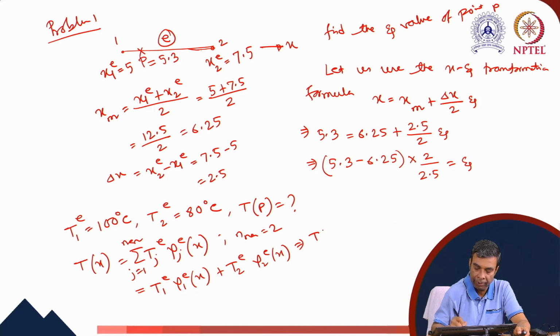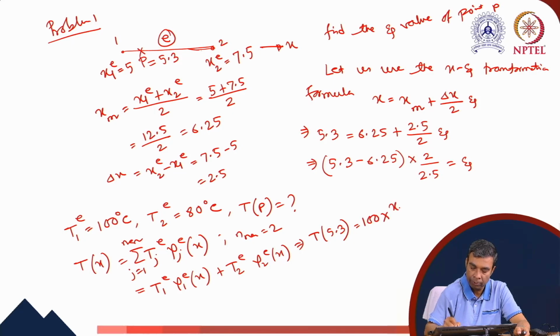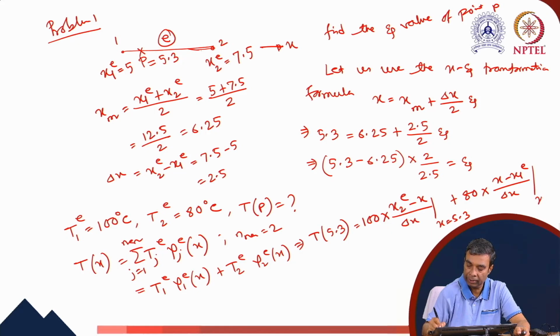This gives T at x equals 5.3: T1e is 100 degrees centigrade, 100 into (x2e minus x) by delta x, where x equals 5.3, plus T2e is 80, 80 into (x minus x1e) by delta x, where x equals 5.3.